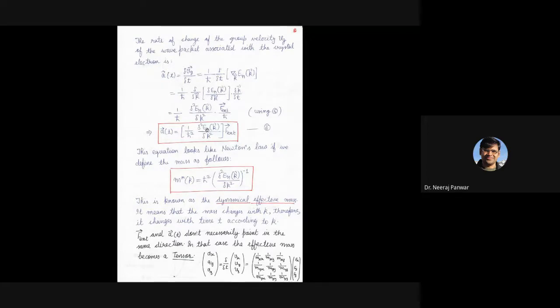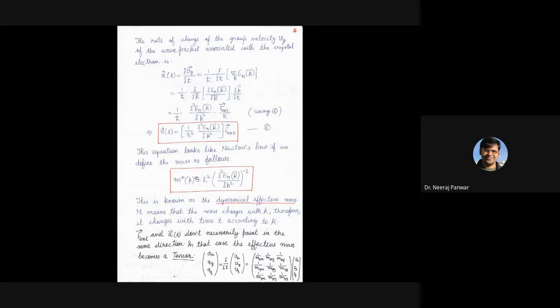And we know from mathematics that any second derivative of a function represents the curvature. Its curvature is represented by its second derivative. Therefore, the effective mass is inversely proportional to the curvature of the EK diagram.